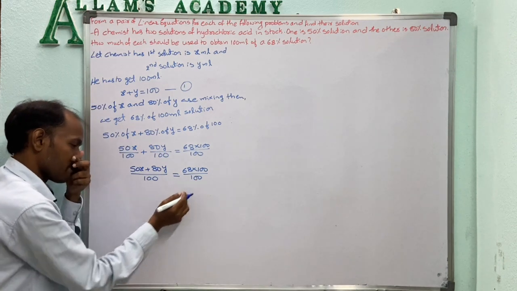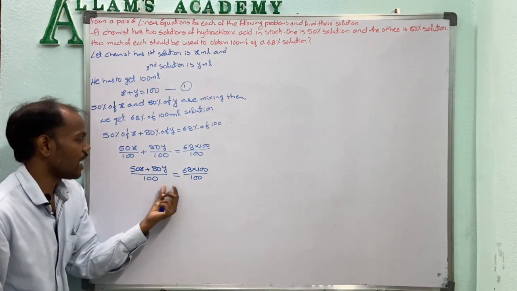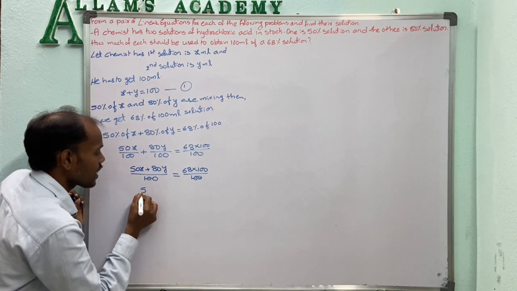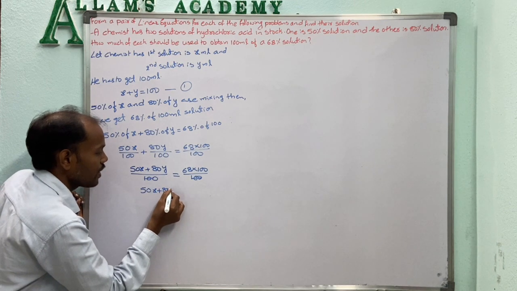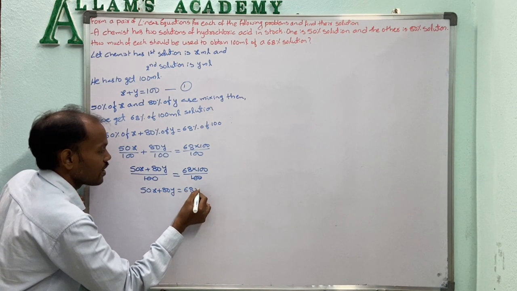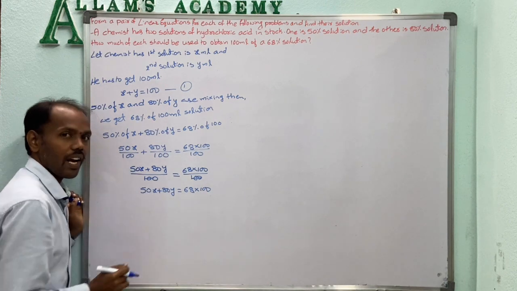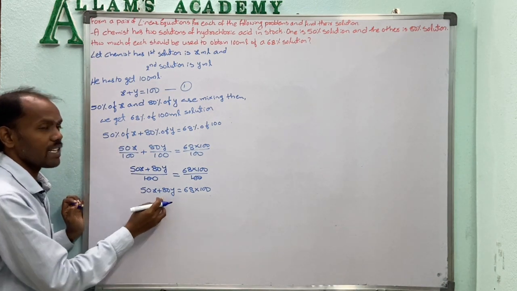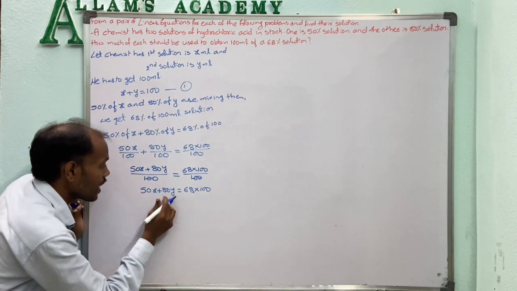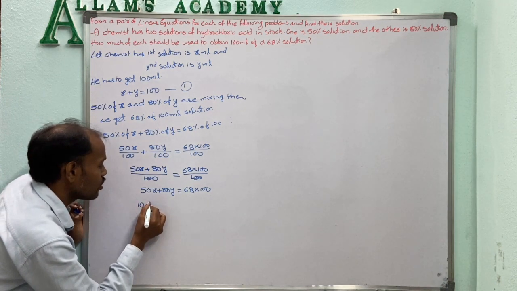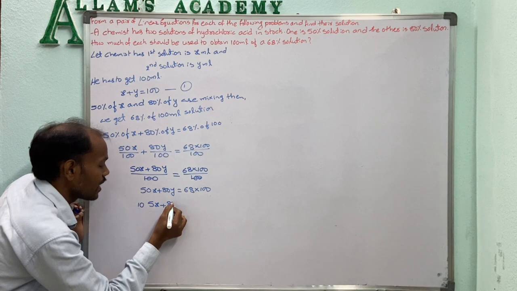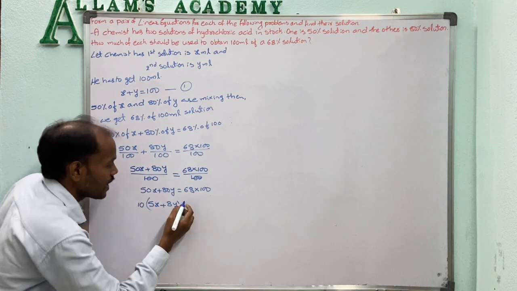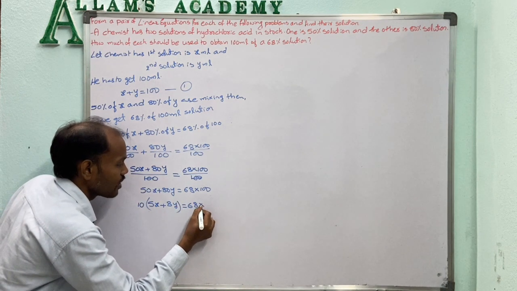Both have the same denominator 100, so it will be cancelled. So 50x plus 80y equal to 68 into 100. Now both the numbers 50x and 80y are multiples of 10. So taking 10 common, we can write 10 into 5x plus 8y. 10 into 5x is 50x, 10 into 8y is 80y, that equal to 68 into 100.